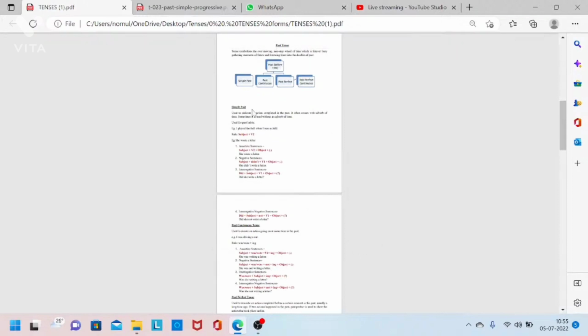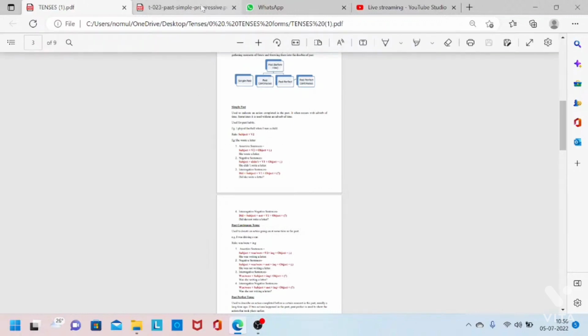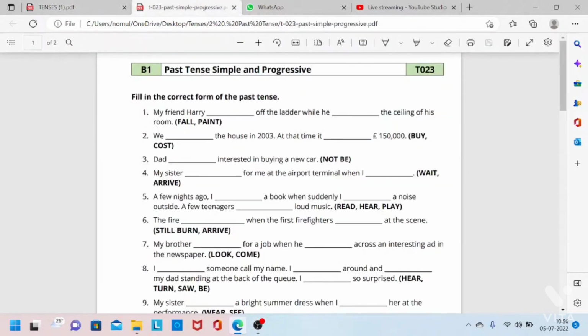The subject plus V2, here the verb will be V2, plus object. And for past continuous tense we will have subject plus was or were plus V1 with the ing formation plus object. These are all the equations. Now let us go and see how the exercise will be.